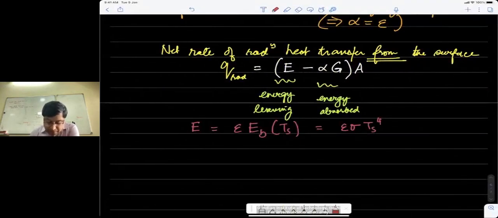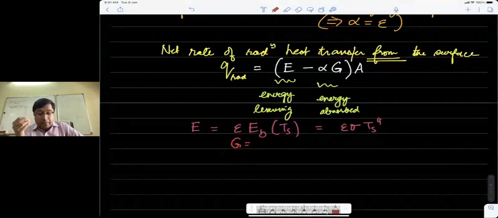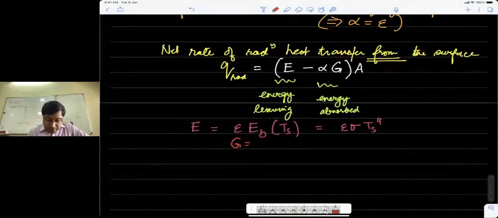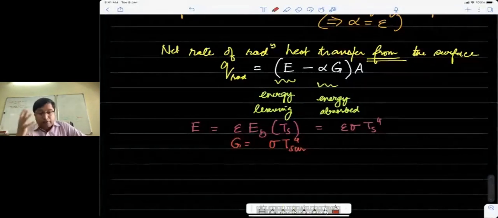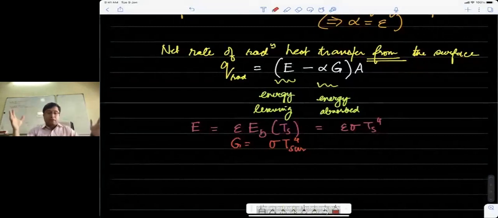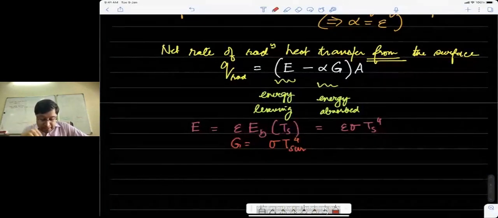The key assumption that I've made is that the enclosure is a large surrounding. In such a scenario, when we say the enclosure is large, it typically means that it behaves like a black body. So G becomes sigma T surface to the power 4. Even though it may be very far away, it's still a large surface. It absorbs all radiation, and it emits as a perfect emitter.